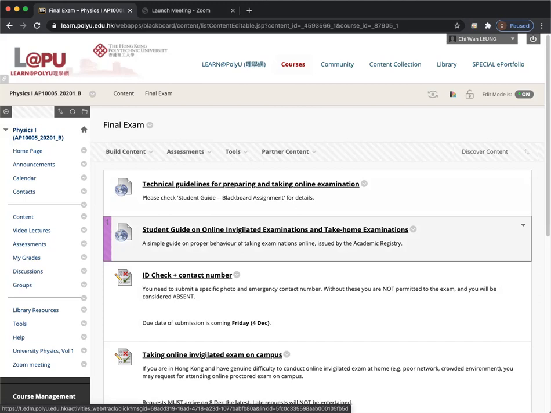This mock exam is not asking you to write down answers to questions. Rather, we are asking you to take a picture of something, save it as a PDF file, and then submit it to Blackboard, just as in the real examination.